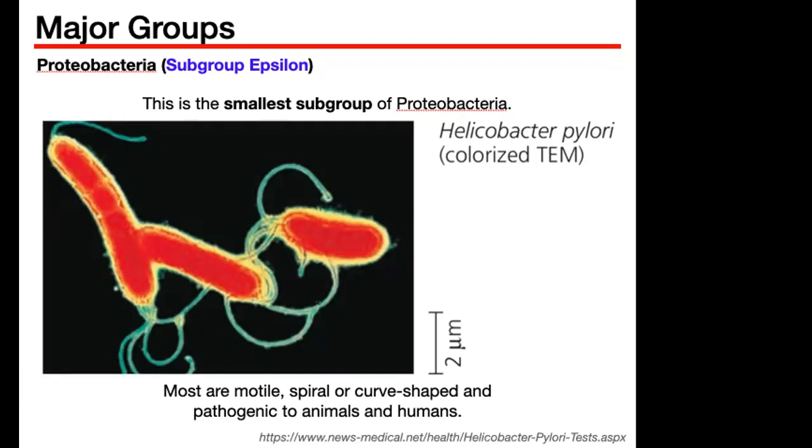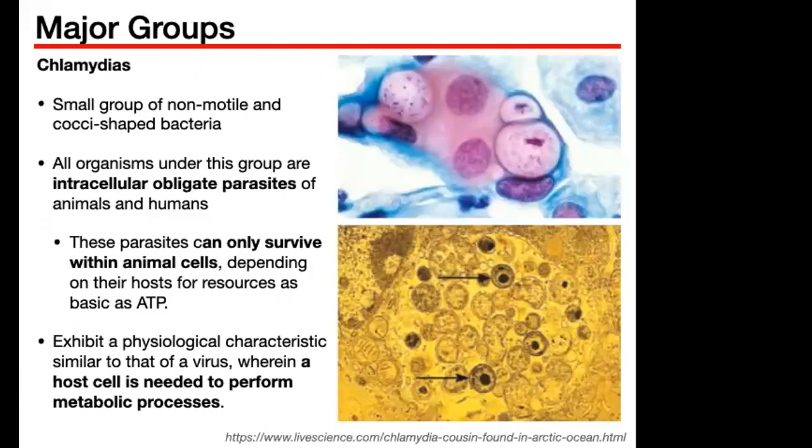Yung next naman is also a pathogen considered pathogenic to humans. Okay? We have chlamydia. It's a small group of non-motile and cocci-shaped bacteria, and all organisms under this group are intracellular obligate parasites. Intracellular, nasa loob sila, and they are obligate parasites sila. No? And these parasites can only survive within animal cells, no?